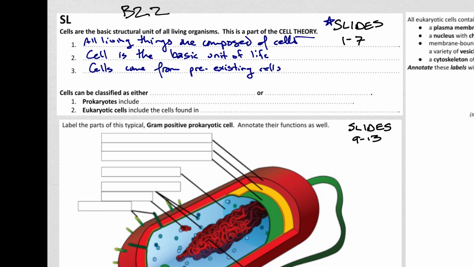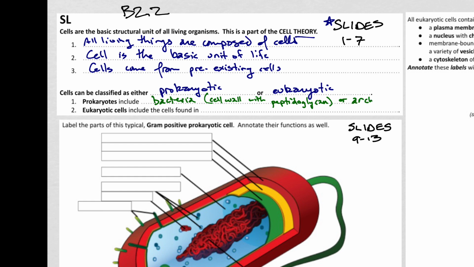All cells on planet Earth can be classified as either prokaryotic or eukaryotic. There are two classifications of prokaryotes. You are either a bacteria, which has a cell wall with something called peptidoglycan in it, or you're an archaea.